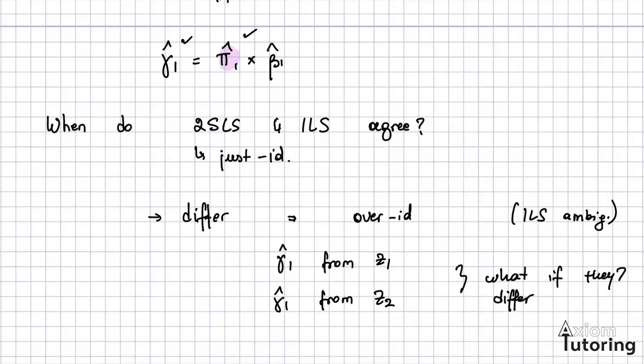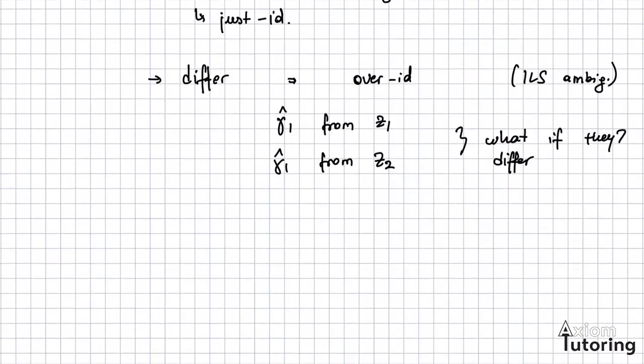The relationship that connects all of these three concepts all over again is simply gamma 1 being equal to pi 1 hat times beta 1 hat, okay? So the reduced form is the product of the first stage and structural effect. IV recovers structural effect by dividing one by the other.